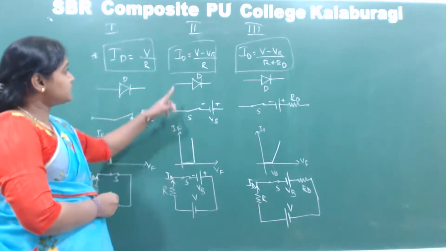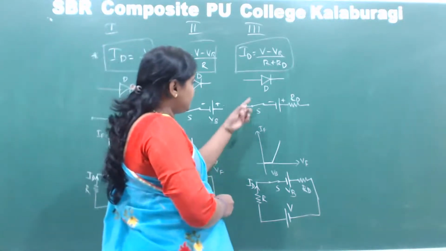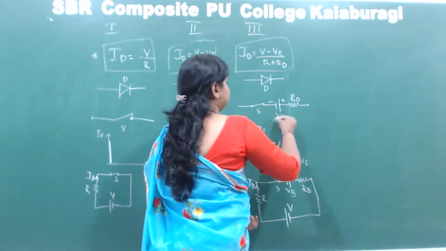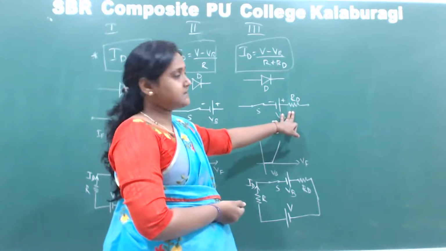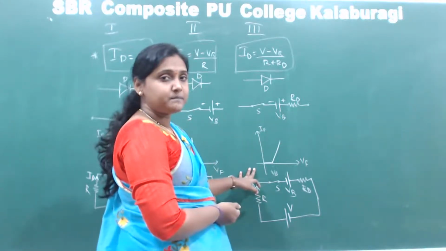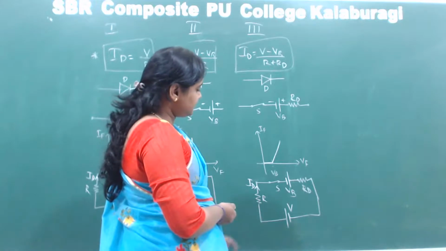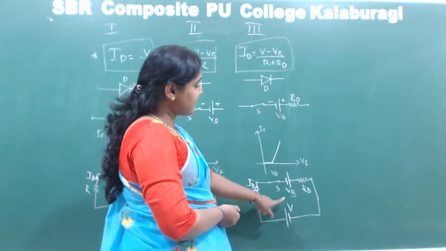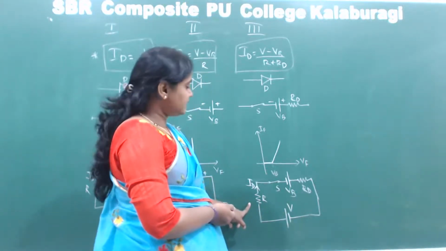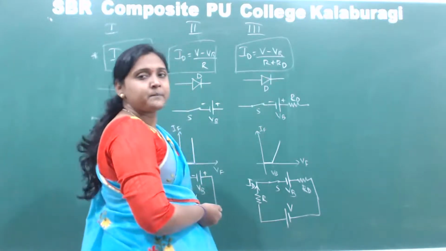That's why for the circuit I is equal to V minus VB by R. Diode is replaced by switch plus barrier potential VB and resistance RD, the diode resistance, internal resistance. That we can also observe in the graph. After the VB, current is going to rise linearly, right? That's why the circuit has one switch, one barrier potential, and one resistance RD, along with the circuit's current limiting resistance R. That's why the expression is ID is equal to V minus VB divided by R plus RD.